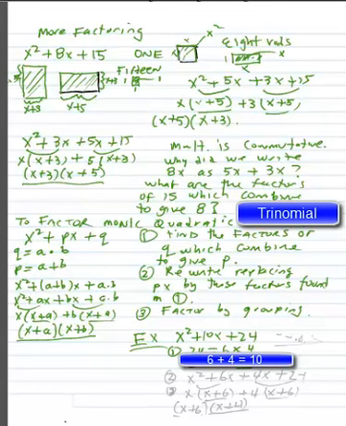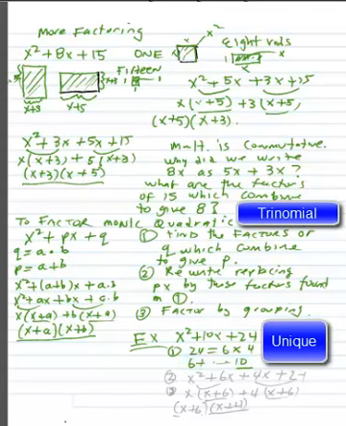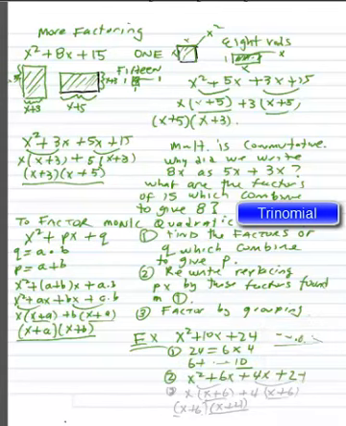So the pair of numbers has to do two things: multiply together to give one particular number, and add together to give a required number. And there will be only one combination that works if it's factorable. It's going to be a unique combination. Step number 2 would be to rewrite x squared plus 10x plus 24 as x squared plus 6x plus 4x plus 24.